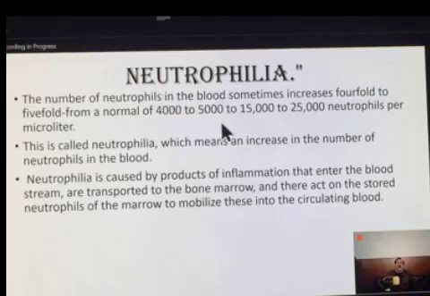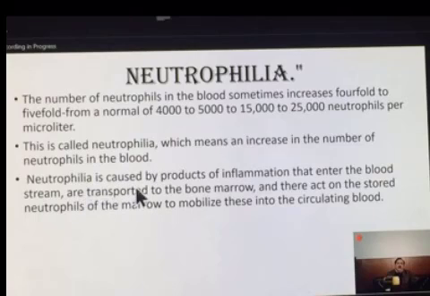This may rise by 5 times, 10 times, or 15 times. The normal count is from 4 to 5 or 7,000, so it may increase to 15,000 or 25,000. This is called neutrophilia, which means an increased number of neutrophils in the blood.